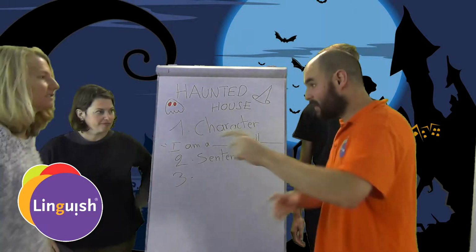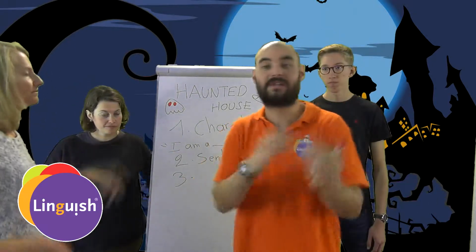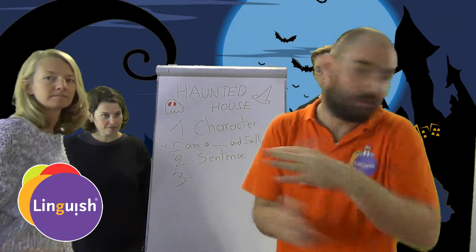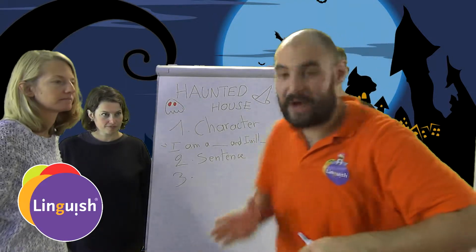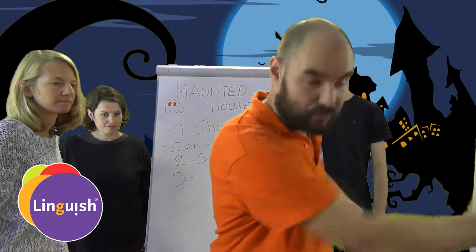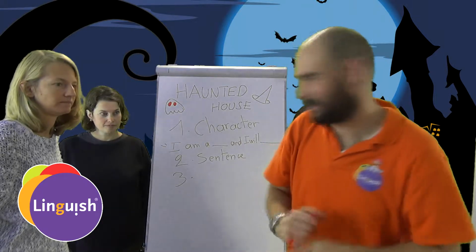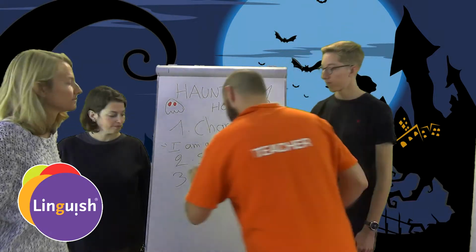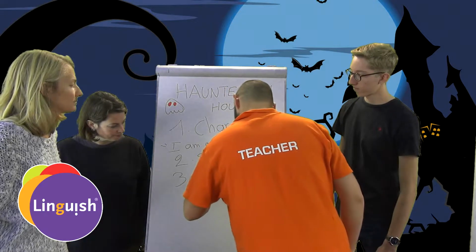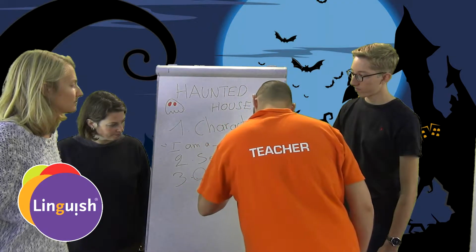Let's move this and that. In your classroom, you make it a path, so people can go through. Move tables, move chairs, make it nice. Okay, that's organized. We organized the room.